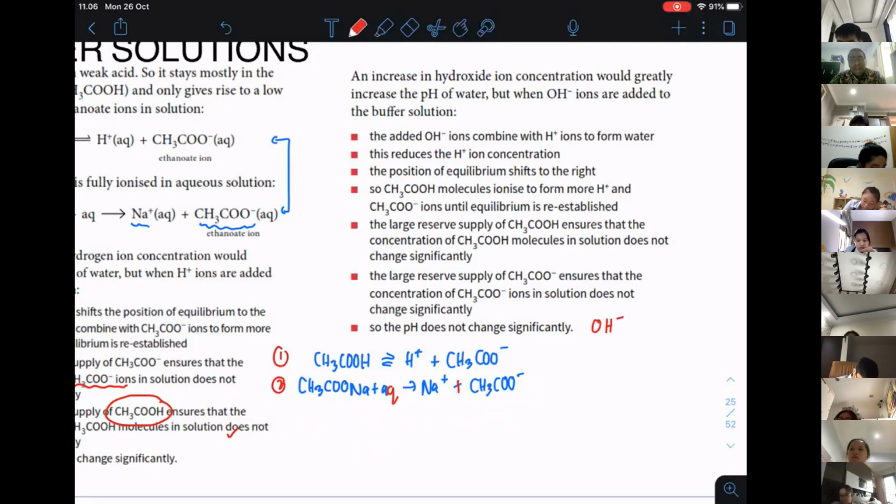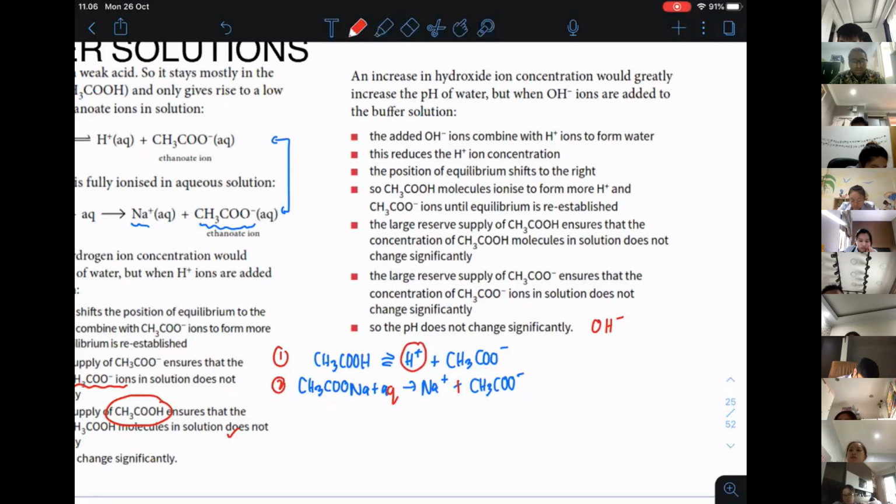The added OH minus ions will combine with something. So what will they combine with? They will combine with the H plus. The H plus that you have over here will be combined with the OH minus.